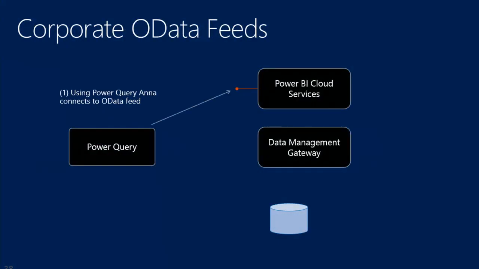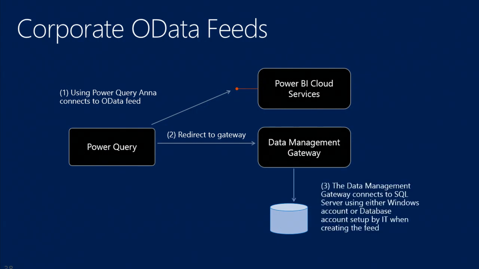In reality, what happened? Power Query accesses the Power BI service on the cloud just to know what is available. At that point, it is redirected to the gateway internal within your company. So if you don't have physical access to the data management gateway, you are not able to retrieve this data. So it is not that you get all the data.